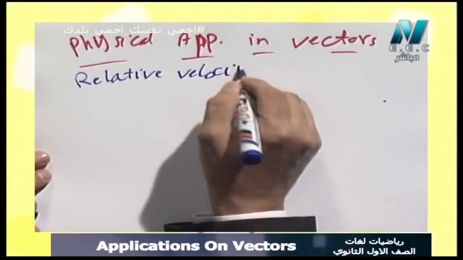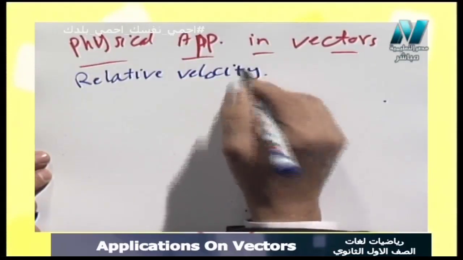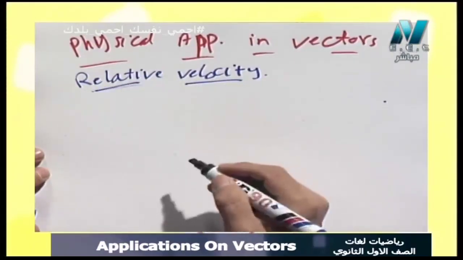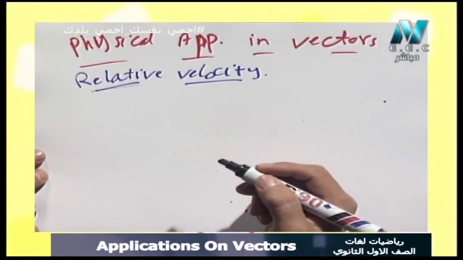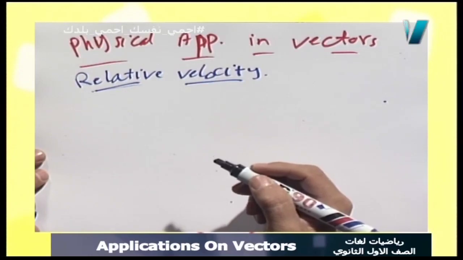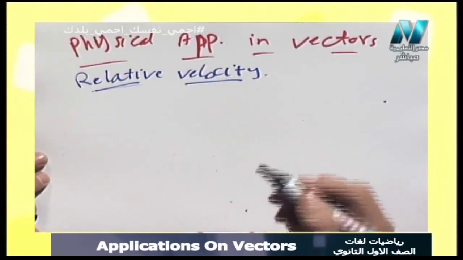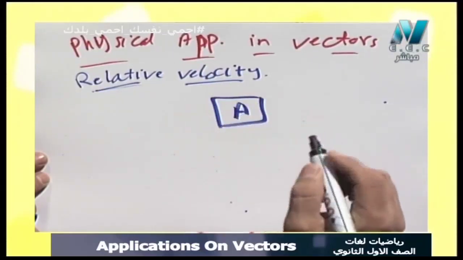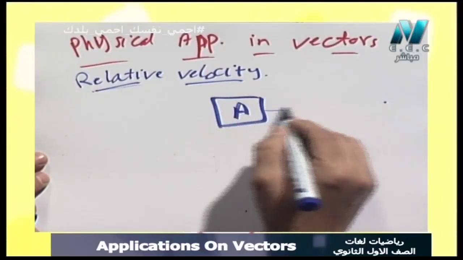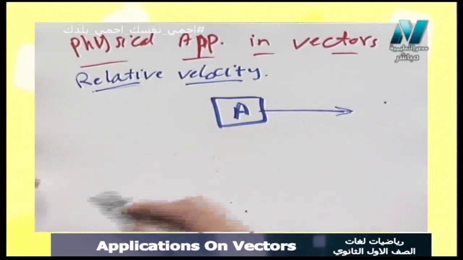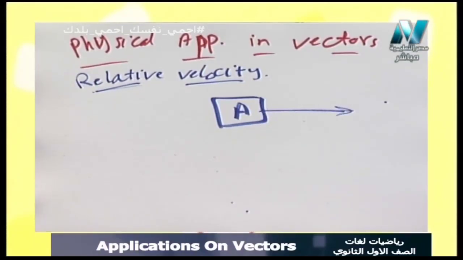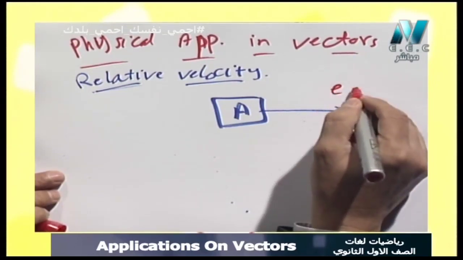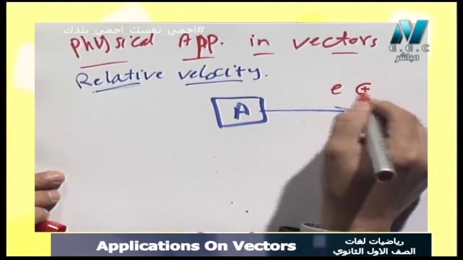We will discuss the relative velocity. I know, my dear students, that you have an idea about relative velocity in physics, so it will be easy for you, inshallah. If we have a car here, we call it A, and this car moves in this direction. Say the unit vector of this direction is E, which is positive.